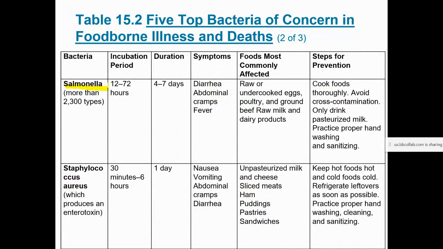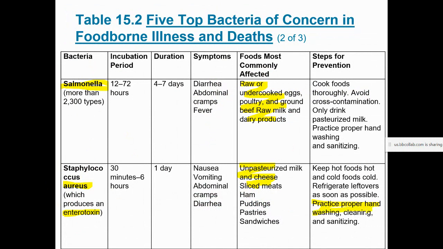And then the second page to the chart, so again, Salmonella, and then Staphylococcus aureus. Staph aureus is one of the ones that does produce an enterotoxin. We'll talk a little bit more about that. Again, you'll see the same sort of thing. So raw or undercooked meat, poultry, and eggs, unpasteurized milks.